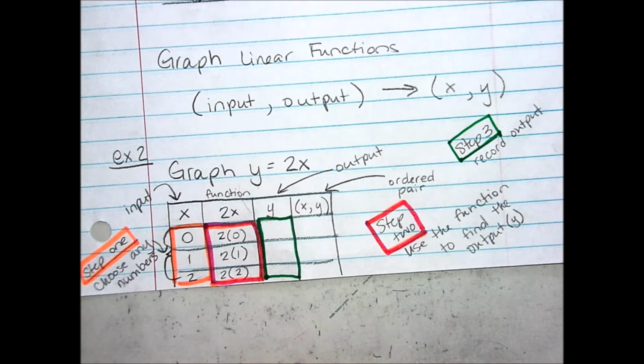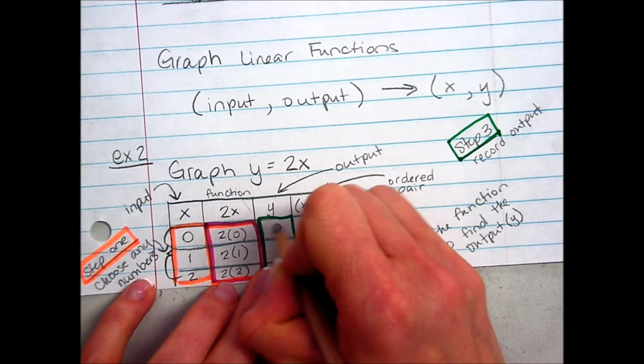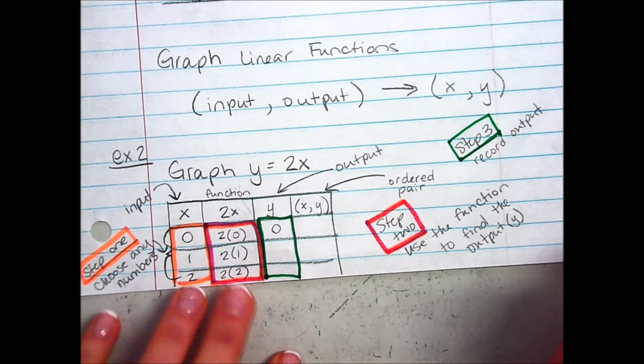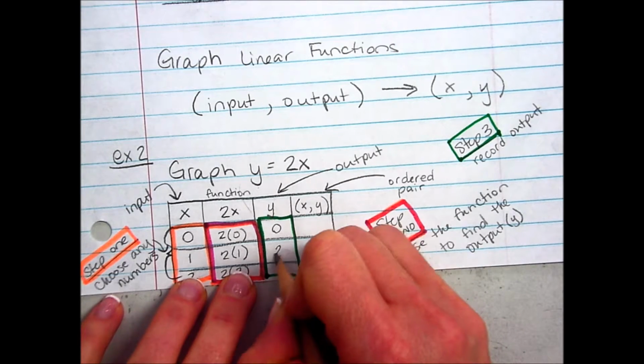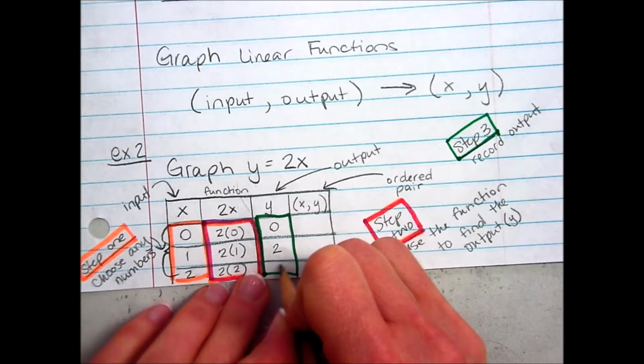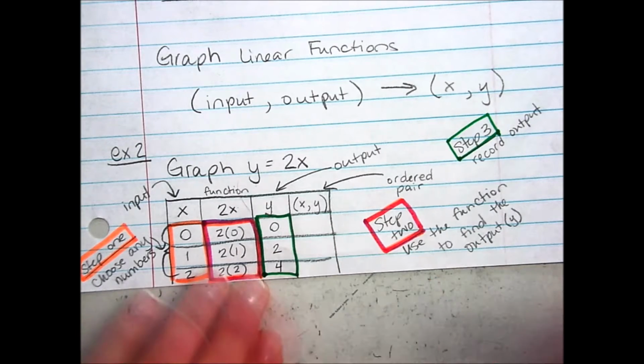So 2 times 0 is 0. 2 times 1 is 2. 2 times 2 is 4.